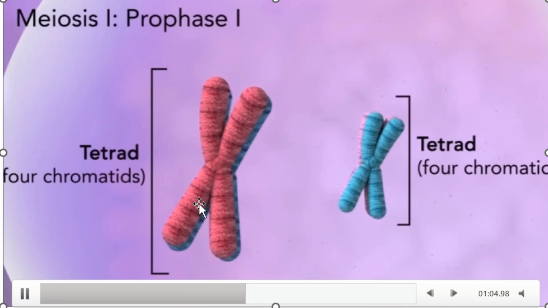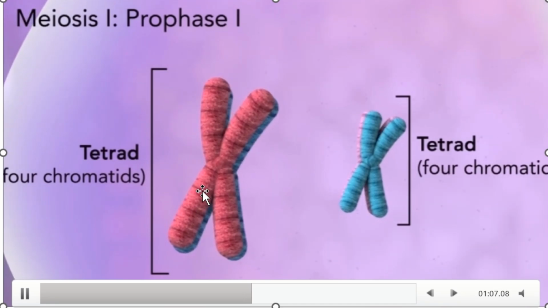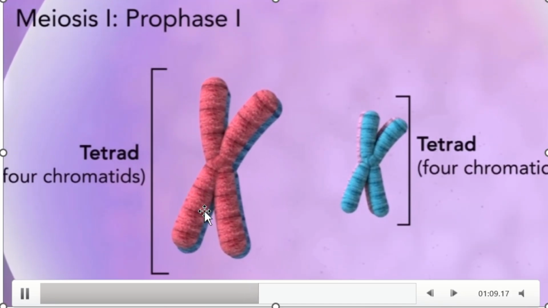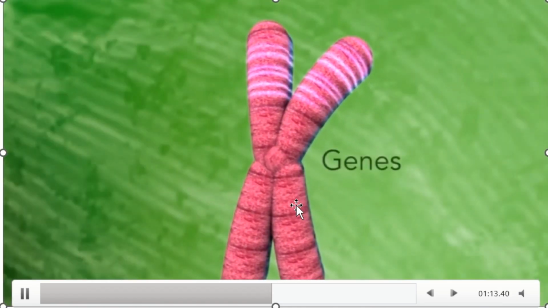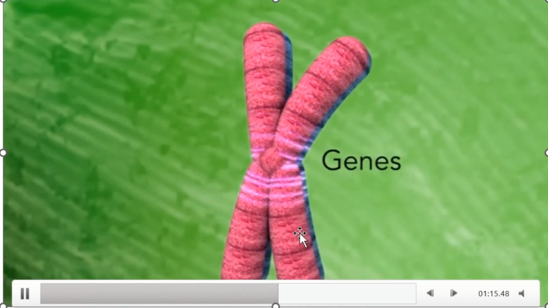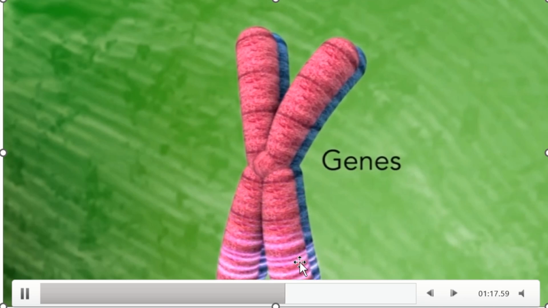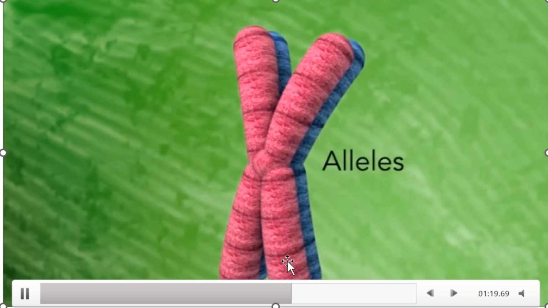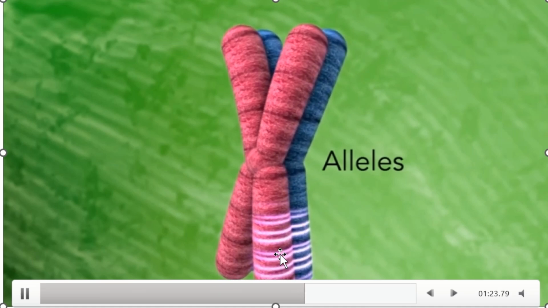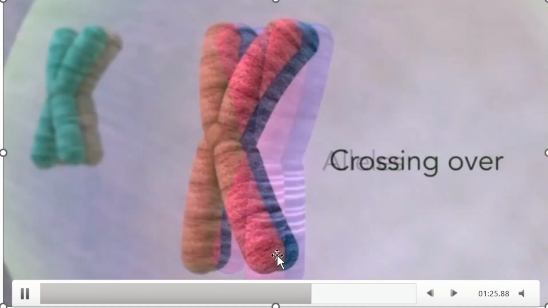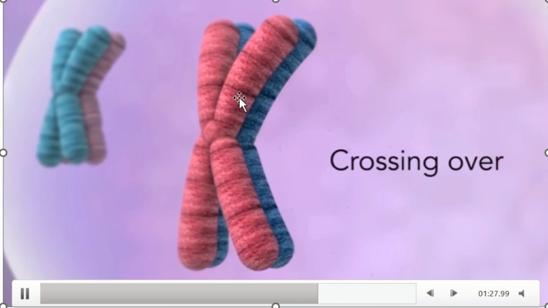Now they come closer. This is called a tetrad. You can see the genes, how they are arranged, as well as alleles. These are genetic materials which are present in the chromosome. At the time of cell division only we can see the chromosome.